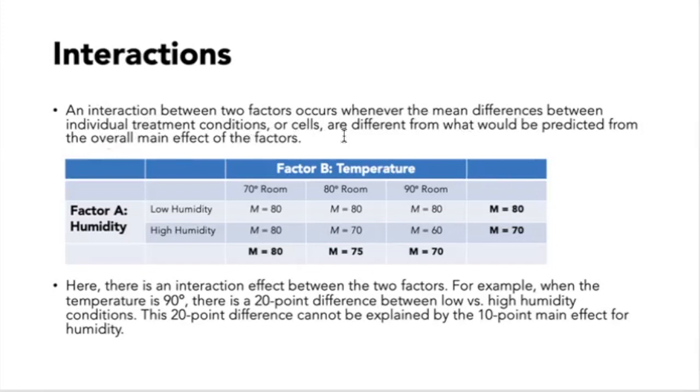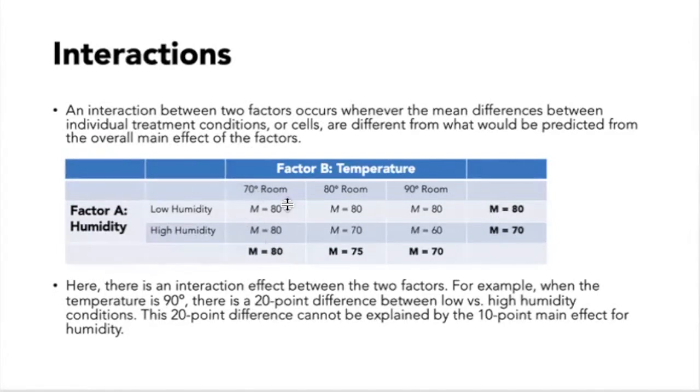So what this says is, if you notice here, the mean here we have on average 80. Here we have on average 70. These are the differences or the variation between low humidity and high humidity. From low to high, the amount of points dropped in performance is 10.